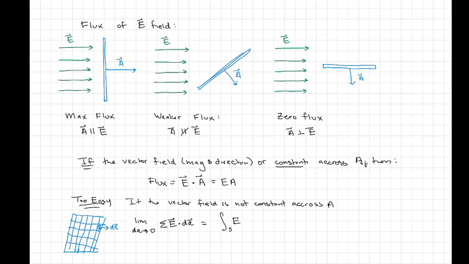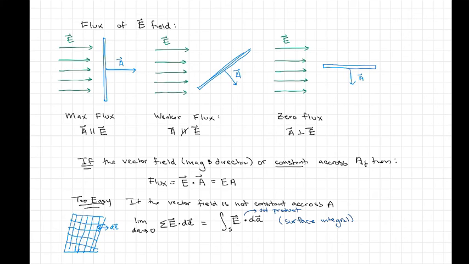So we're going to integrate our electric field over a surface, and the electric field here is dotted with dA, the infinitesimal area vector of that surface. I want to remind you, this is the dot product, so don't forget about that. That's not just a regular old multiplication sign. This is what we call a surface integral.